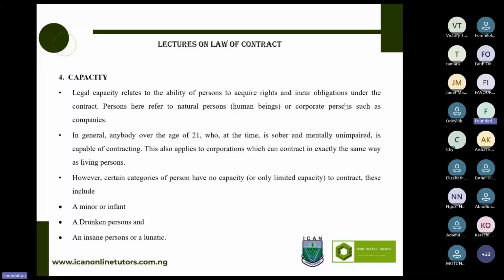So the floor is open to any one of us that have questions. Maybe you checked the past question, you saw something, or you checked online, you noticed that I think I said something that was a little bit contradicting to what you think. So let's take a look at it together.